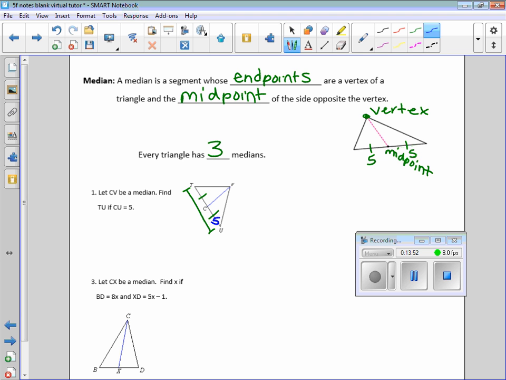So since CU is 5 and CU and TC are congruent, then TC is also 5. Looking at TU, TU is a combination of TC and UC, so we're just going to add those two together. 5 plus 5 equals 10. So now we can say that the measure of TU equals 10.